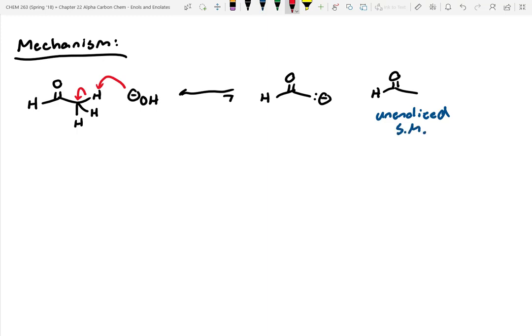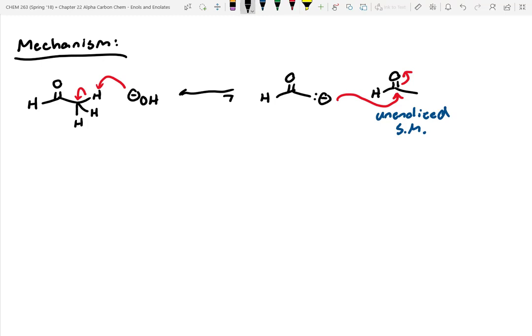The enolate that you did form can attack the unenolized starting material that's just hanging around in solution. So it's going to attack in and kick up electron densities. One reason this really works well with aldehydes is aldehydes, like we saw previously, are really electrophilic, much more electrophilic than ketones, and so it works best if you have an aldehyde.